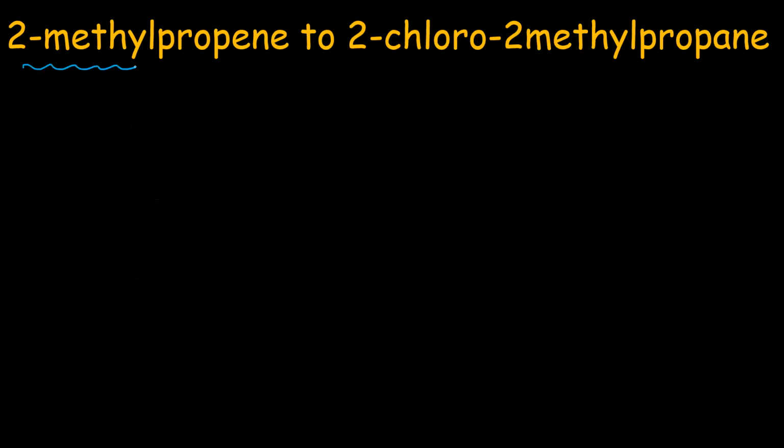See, 2-methyl propene to 2-chloro-2-methyl propane. Now there will be a dash here. So there is propene here and there is propane here. That is also you have to take care. 2-methyl propene, it is an easy question, by the way. So we have propene, double bond, and there is a CH3 group here.